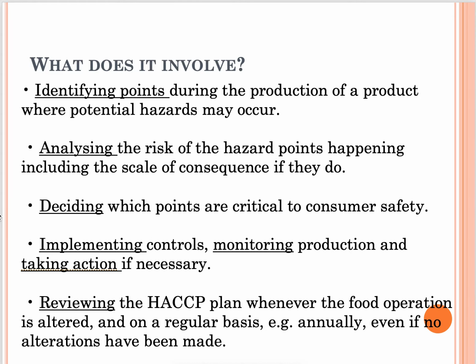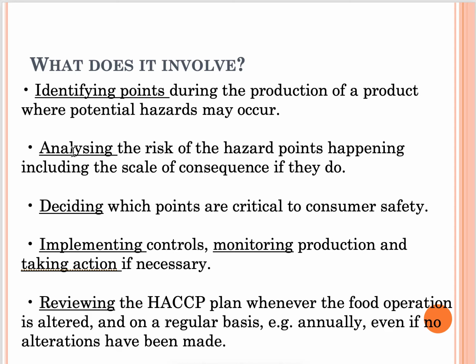So what does the HACCP system involve? Basically, what we need to do in the HACCP system is identify the points during the production of a product where potential hazards may occur. That means we have to identify the points which may cause contamination to the product.